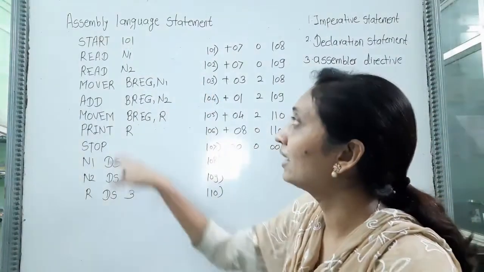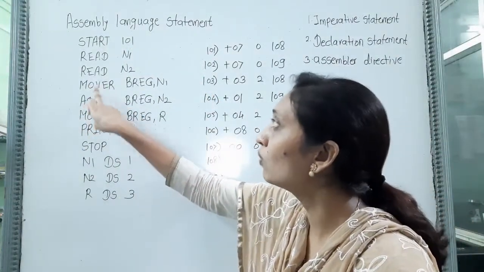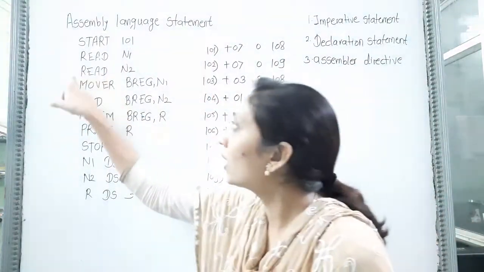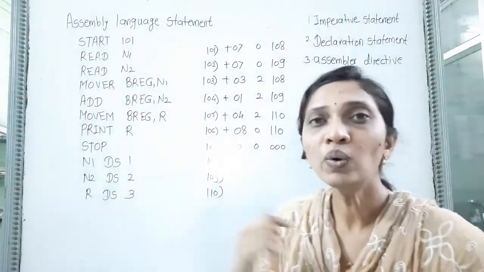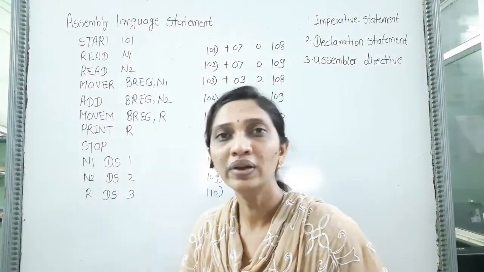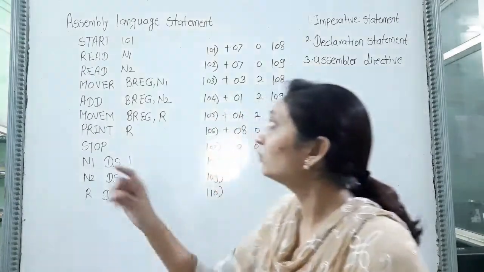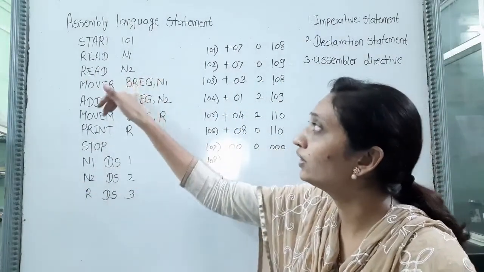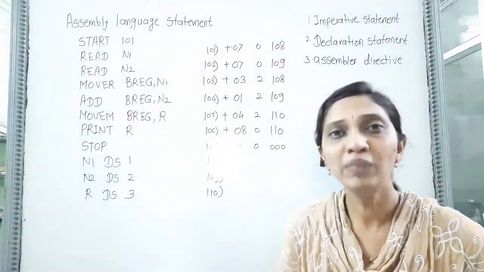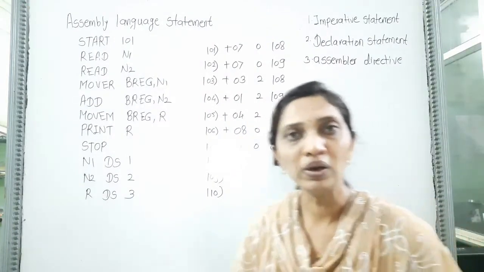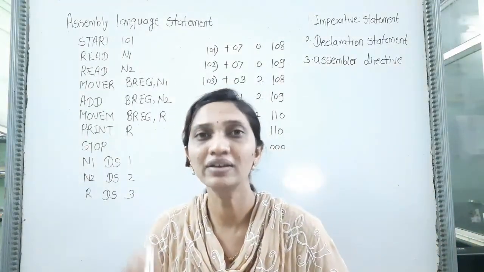After that, the next statement is MOVER. Why is the MOVER mnemonic used here? MOVER means move into register. Why do we have to move the value of N1 into the BREG register? Because calculation is always performed in a register.